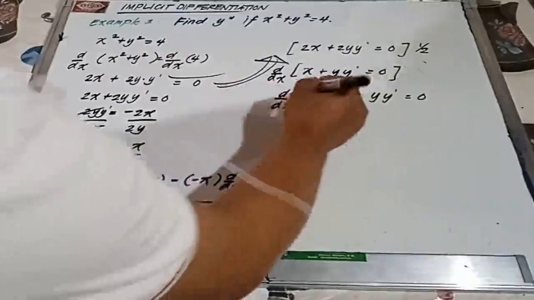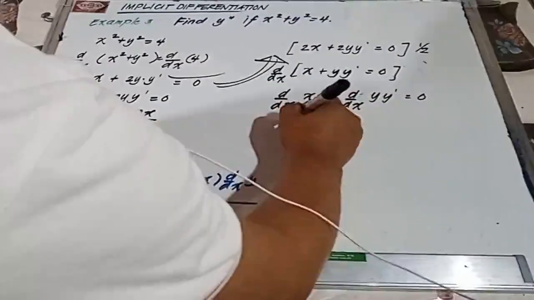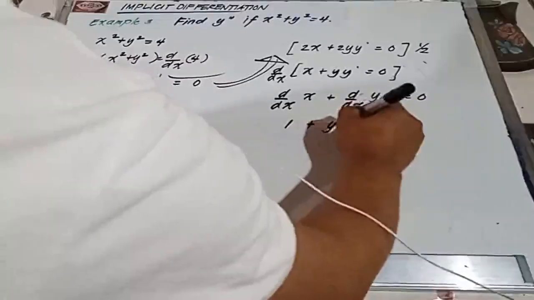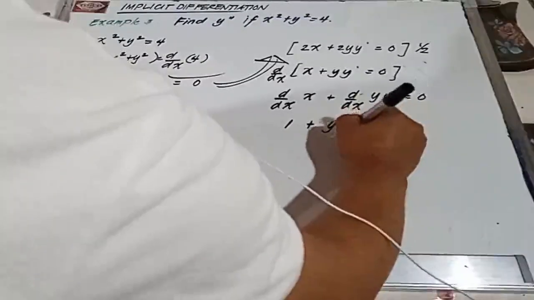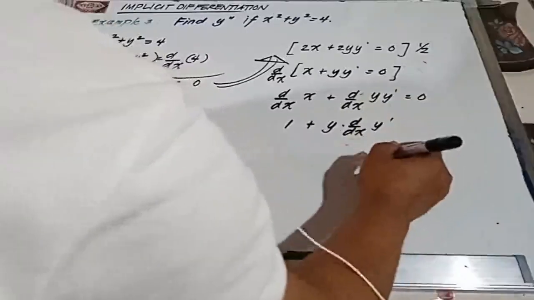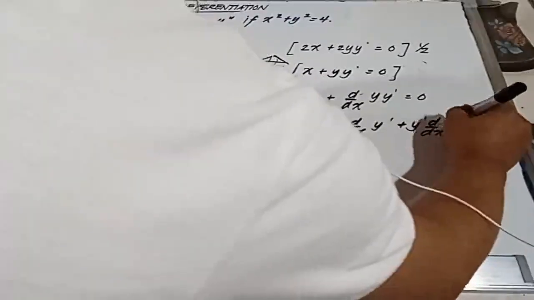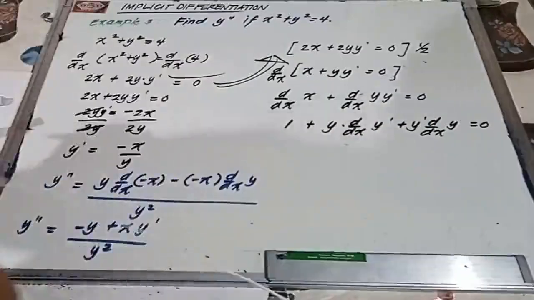Okay? Derivative of x with respect to x is 1. We can apply the product rule. Y times derivative of y prime, that is the second derivative, plus y prime times derivative ni y. Okay? Equals 0.